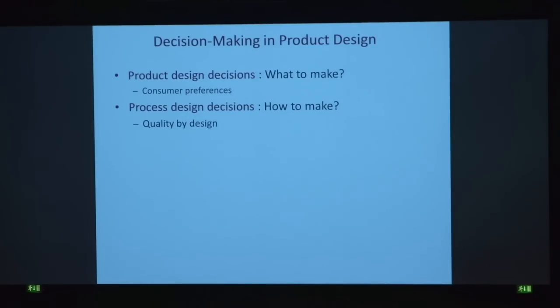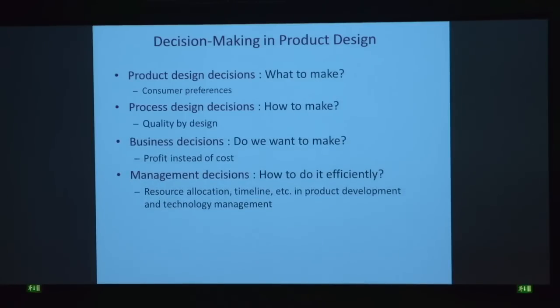But that is not enough, as this community knows full well that even if we have the product in mind and we know how to make it, it doesn't mean that we have to do it. Then we have to look at the profit, to look at whether or not we can make money out of it. And if we do want to go ahead with the product, then how do we do it efficiently?